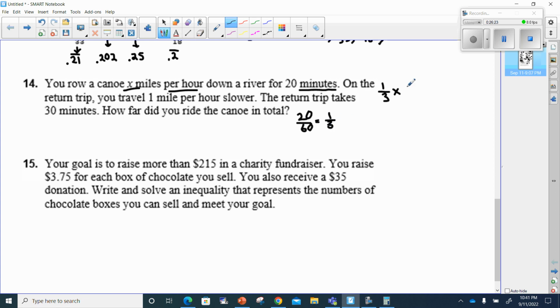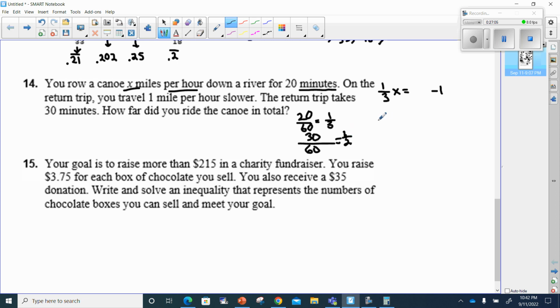All right, so it would be 1/3 x, and this has got to be equal to, on the return trip, on this other side, you travel 1 mile per hour slower. So there's a minus 1 that's going to be in here. But it's 30 minutes, remember we're talking minutes in relation to hours. 30 minutes out of 60 minutes would be equal to 1/2.